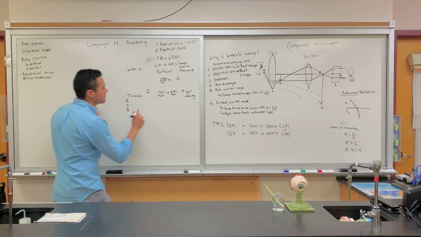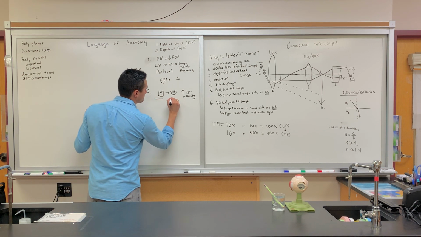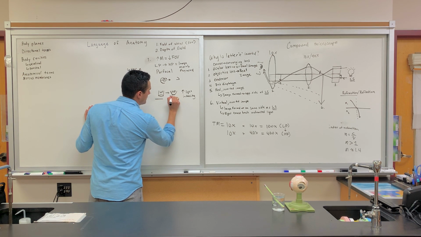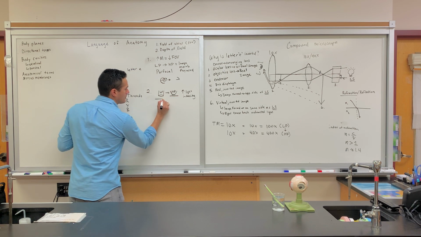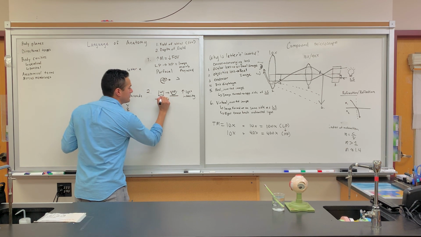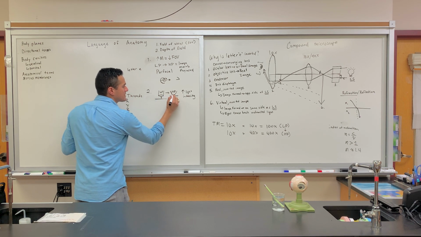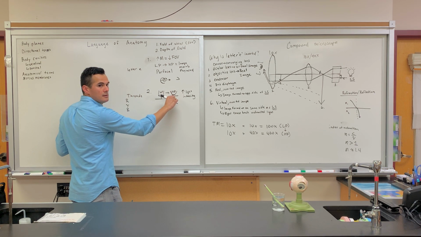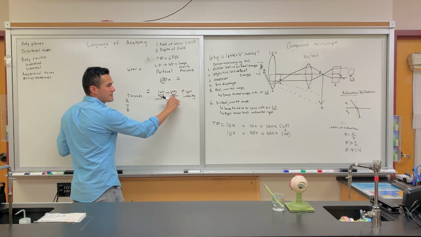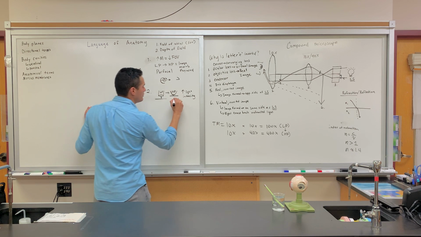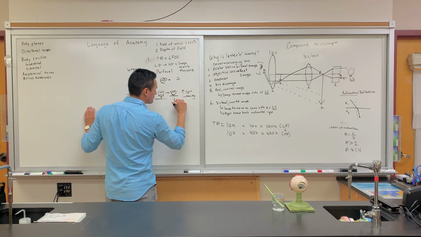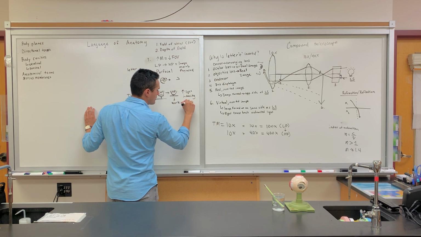And then you'll also notice that the distance between the objective lens and the slide itself is going to be a lot smaller. The distance between the two is what's known as the working distance.